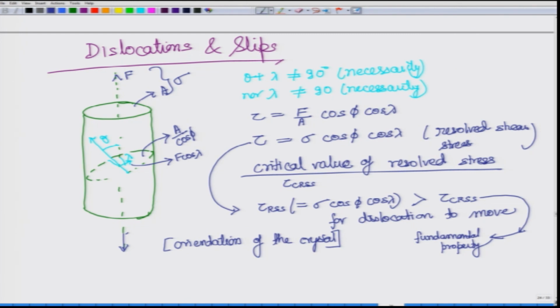So, this is an important quantity, tau CRSS, the critical value of resolved stress. But when you look at the term critical value of stress, it would sound similar to something we have already introduced, and what is that?